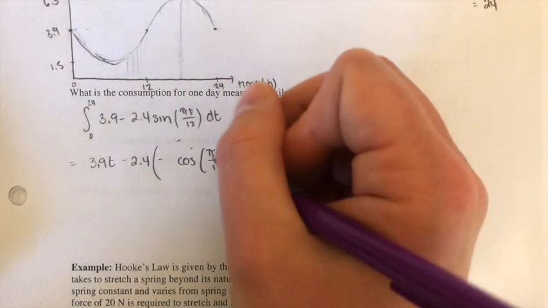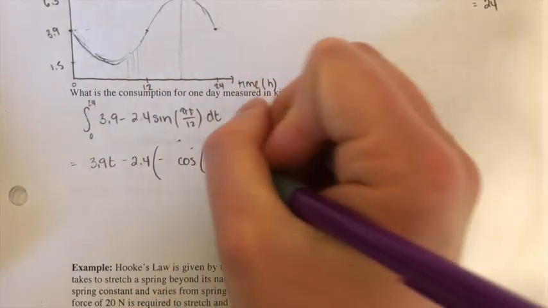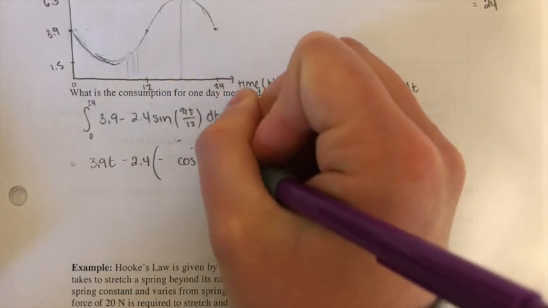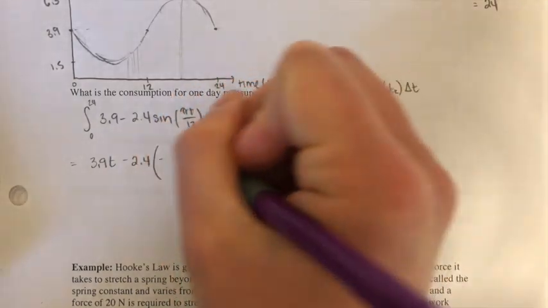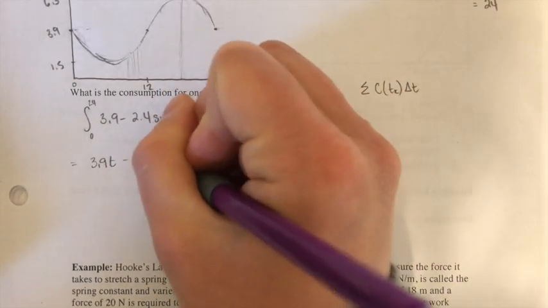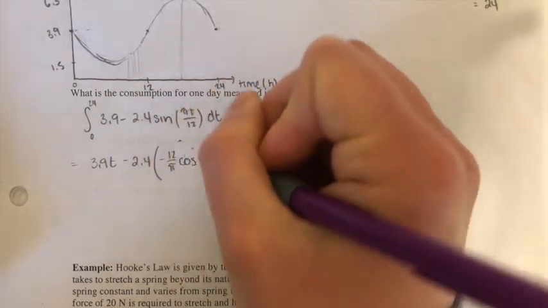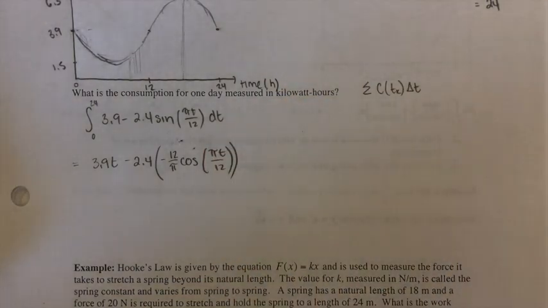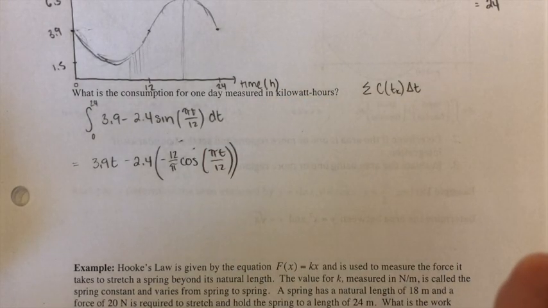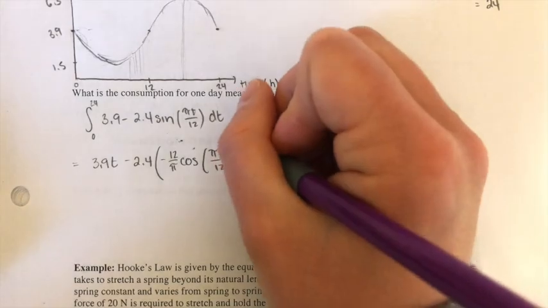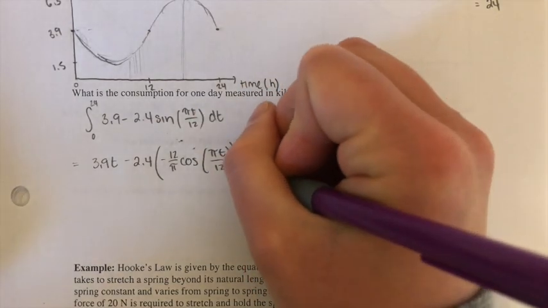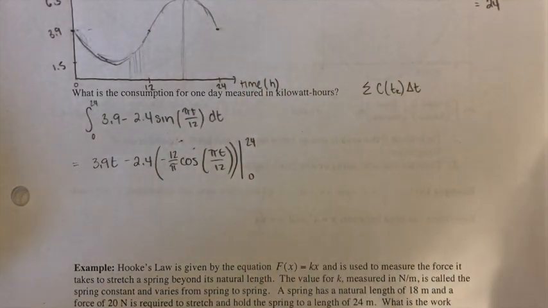And that's going to have to multiply with, we're going to have to flip it so that it goes away, so it's going to be multiplied with 12 over pi. And then we're going to evaluate that whole thing from 0 to 24.